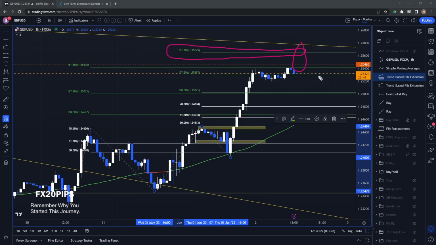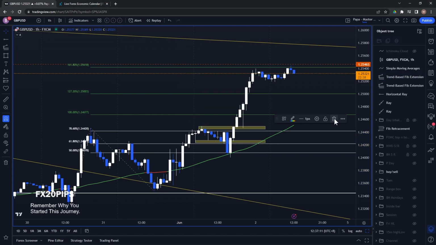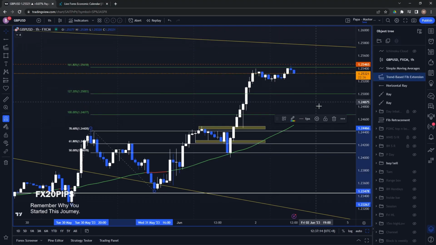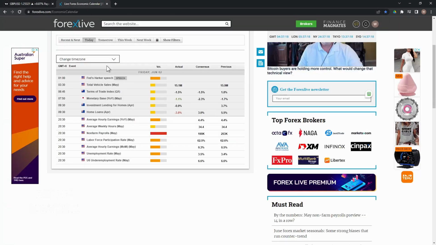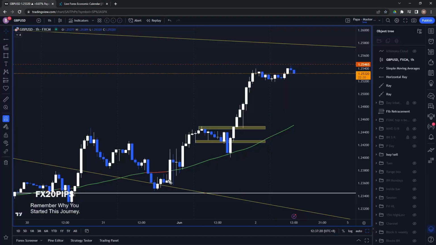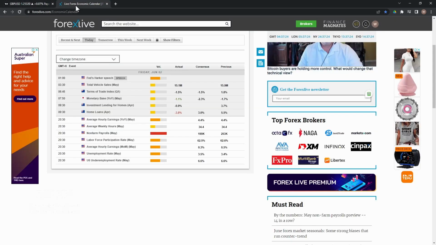Now that's on Fibonacci. However, today there is the non-farm payroll. Okay, what do we have? We have non-farm payrolls today.